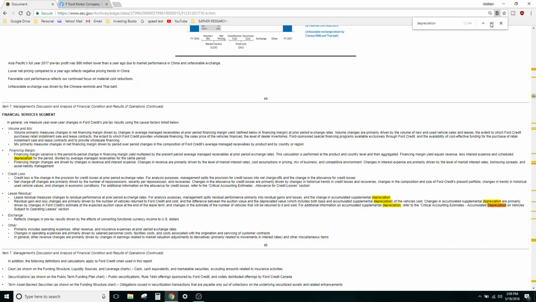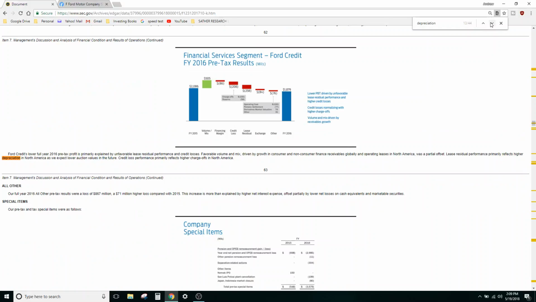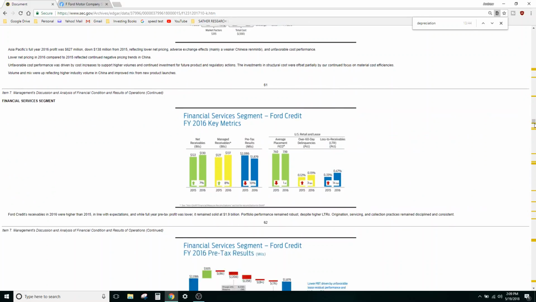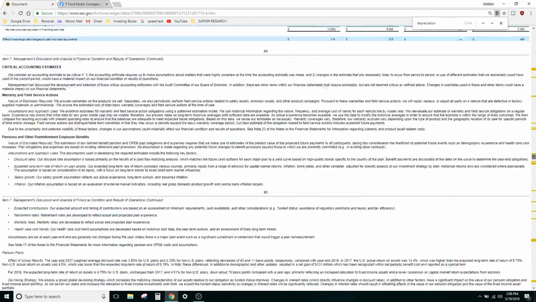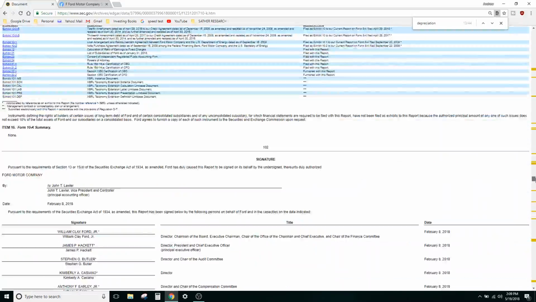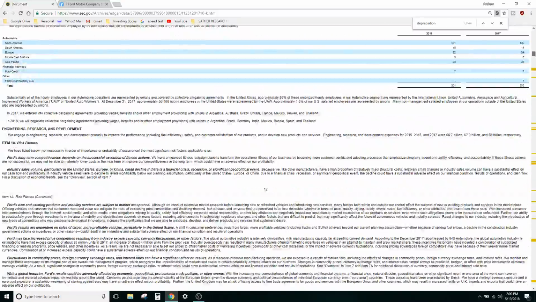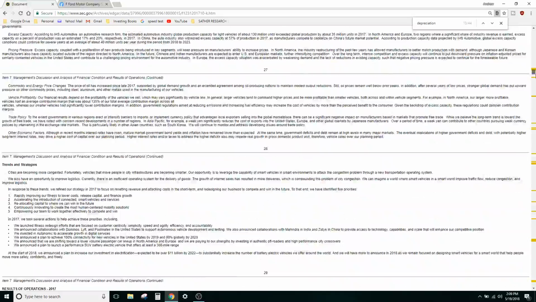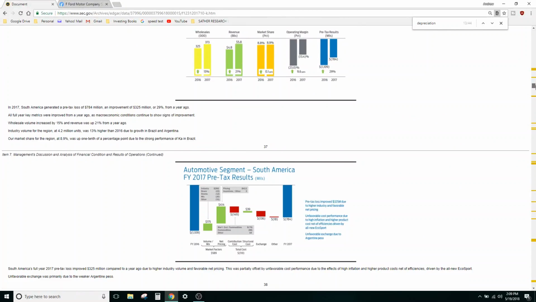Okay, so basically, say we have a plant, and it's going to cost us, I don't know, $10 billion to build. And in the case of Ford, they made $7 billion last year. So if we were to record that in the income statement, it would say, well, you made $7 billion, but you spent $10 billion on the plant, so you really lost $3 billion.